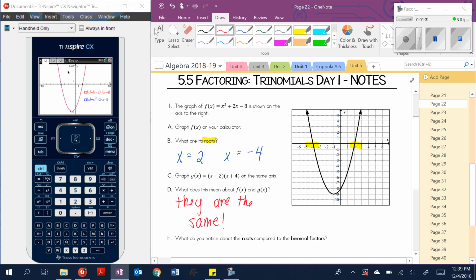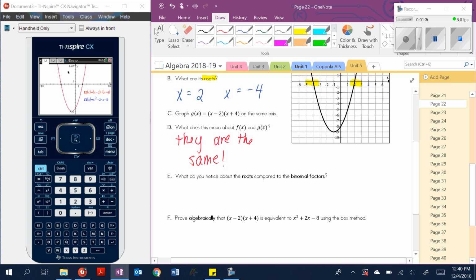All right. What do you notice about the roots compared to the binomial factors? The roots are x equals positive 2 and x equals negative 4, compared to the binomial factors. So that's what that x minus 2 and x plus 4 mean.